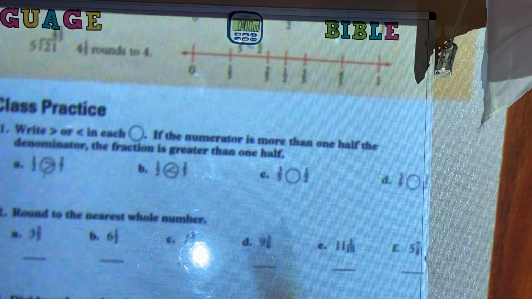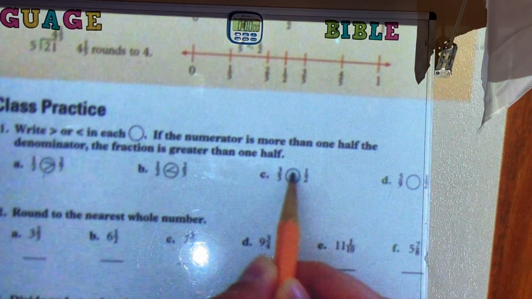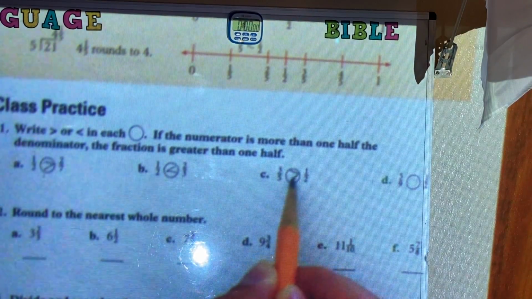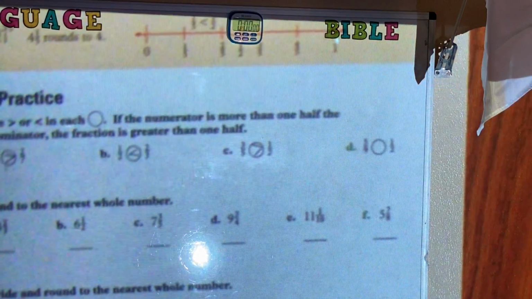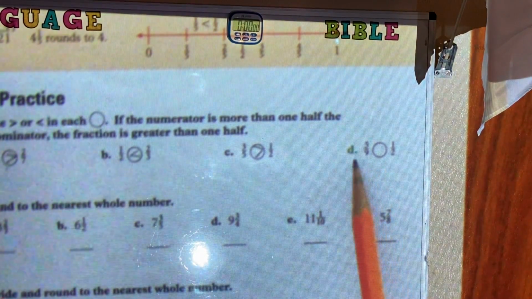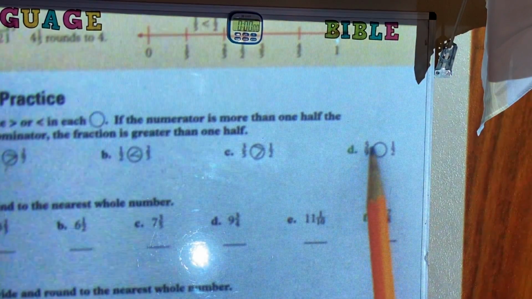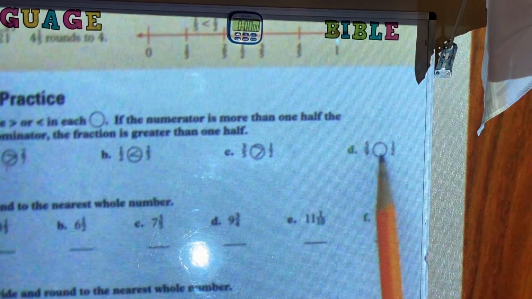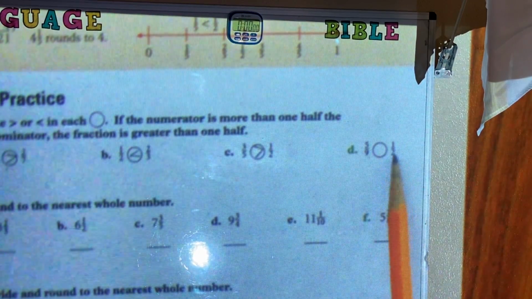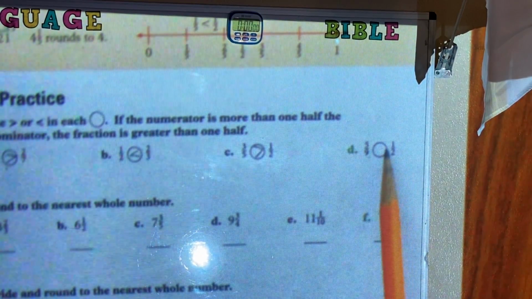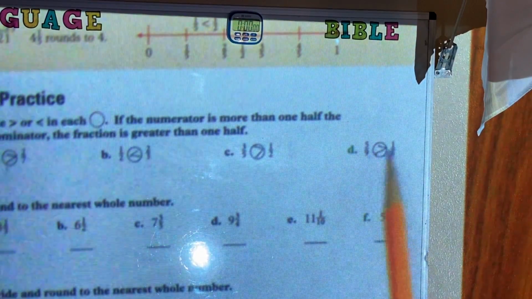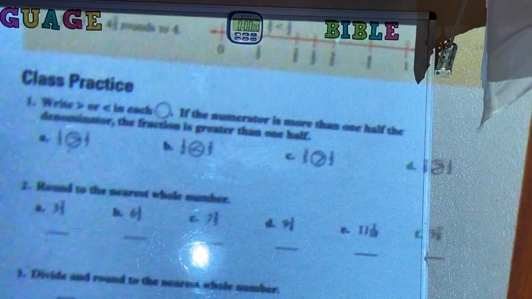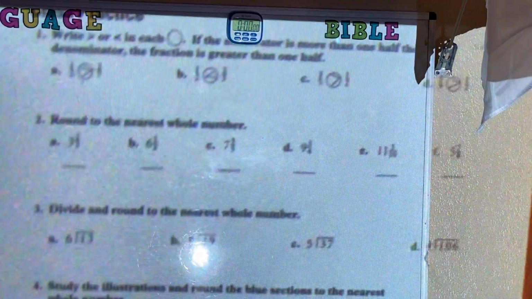So we want to say that 3/5 is greater than 1/2. Okay? Letter D, 5/9 and 1/2. So we want to say that 5/9 is greater than 1/2. Okay?